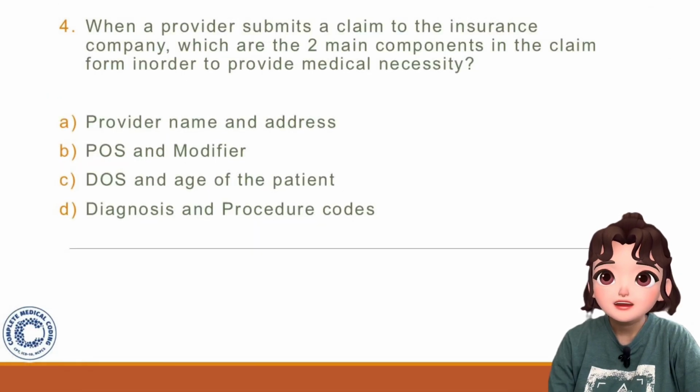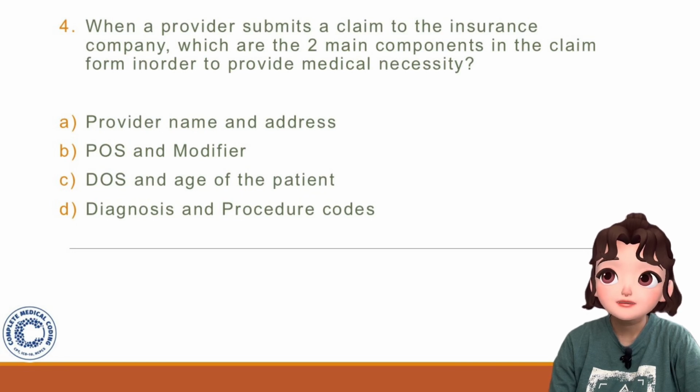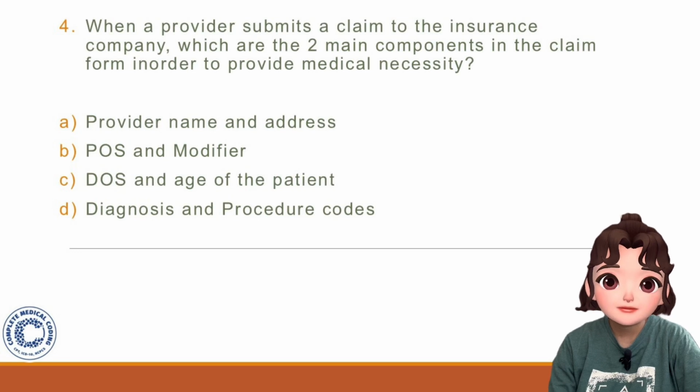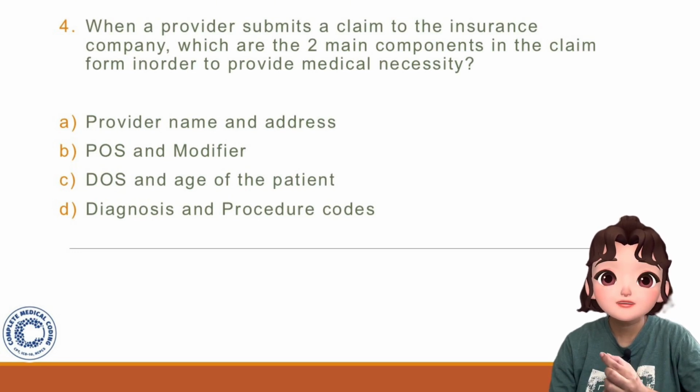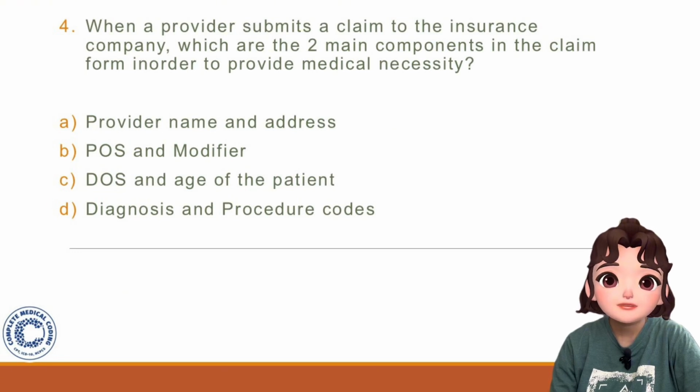Fourth question. When a provider submits a claim to the insurance company, which are the two main components in the claim form in order to provide medical necessity? It's an easy one. The main important two key components of the claim form in order to justify the medical necessity. What are those?